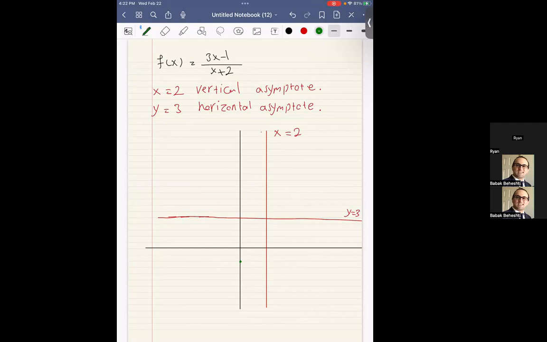So x equal to 1/3, like here. Now, if I want to draw the graph, let me check, x equal to 0, you have -1/2.